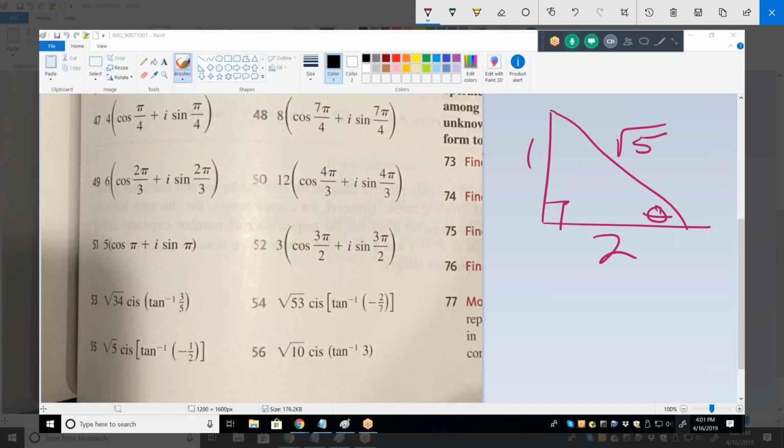This number is not always the hypotenuse. Okay. So rewrite that. It's going to be root 5 times the cosine of theta plus i sine theta. Okay, what's cosine of theta? 2 over root 5.